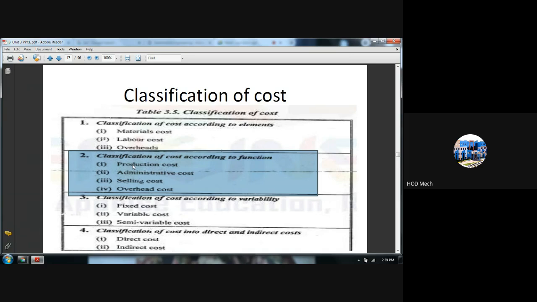If you need a bona fide certificate, who is going to give it? These administrative people will give it. If you want to pay fees, where will you go and pay the fees? Are you going to pay fees to your faculty members? No. There will be an office where you have to pay the fees.